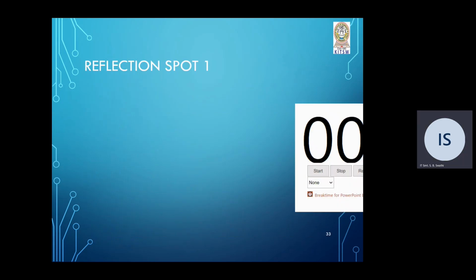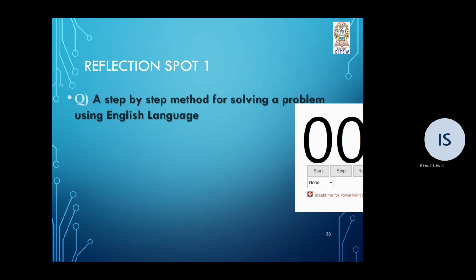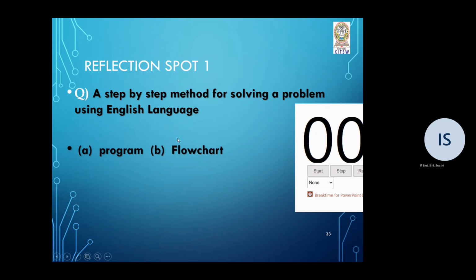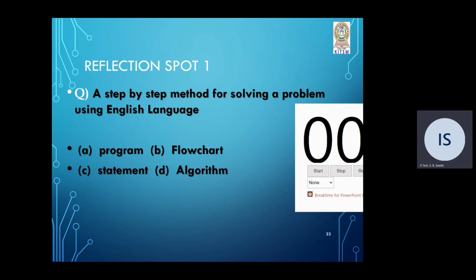So let us see a few questions. A step-by-step method for solving a problem using the English language is called as, among these four, what can be the answer, students? Just take a few seconds and identify the answer.